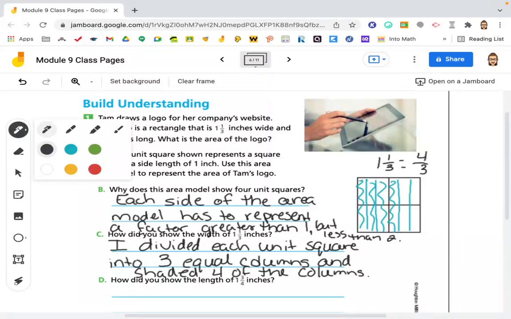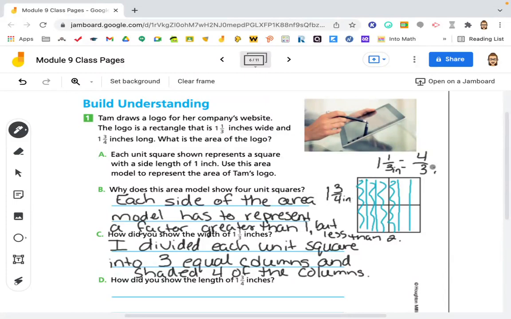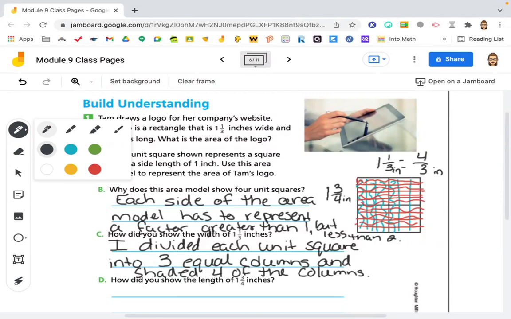So we want the 1 3/4 inches. So again, we need to split each into fourths. And then we're going to shade all of the 1 and then 3. Or as we see, 7/4.